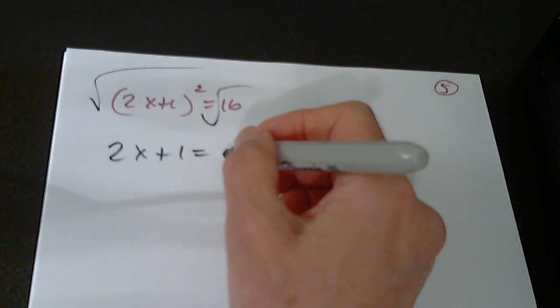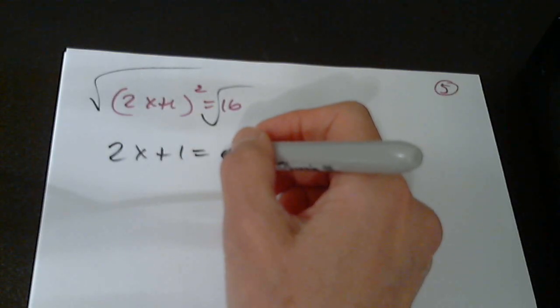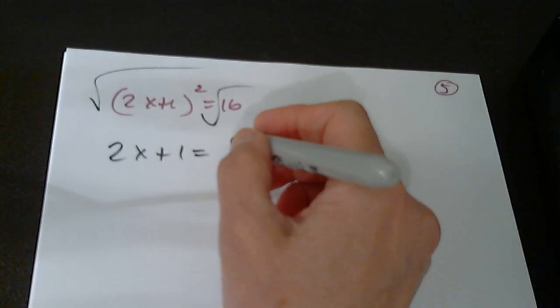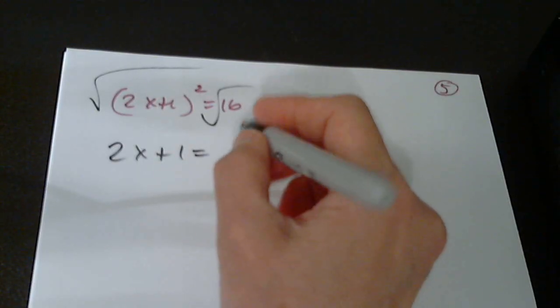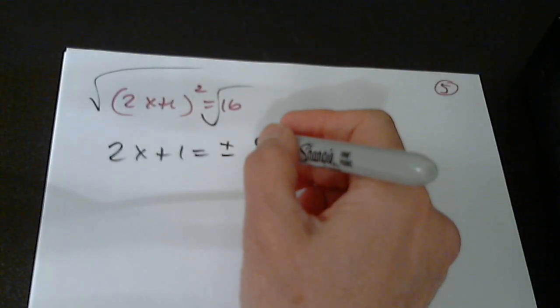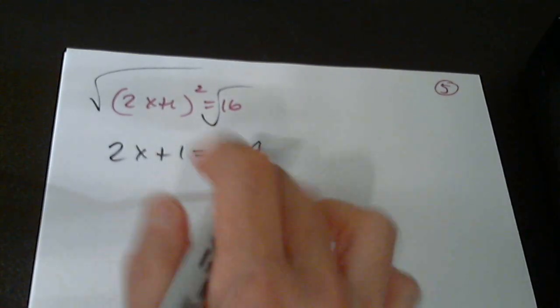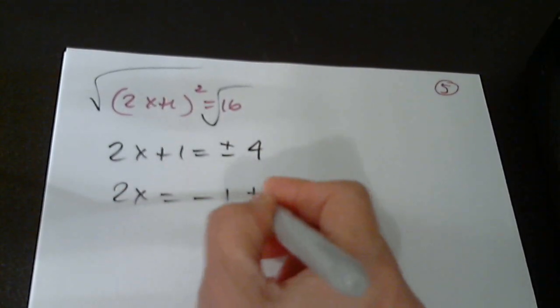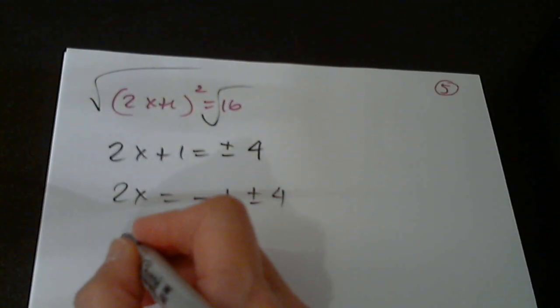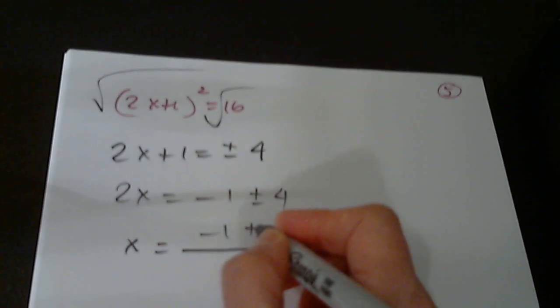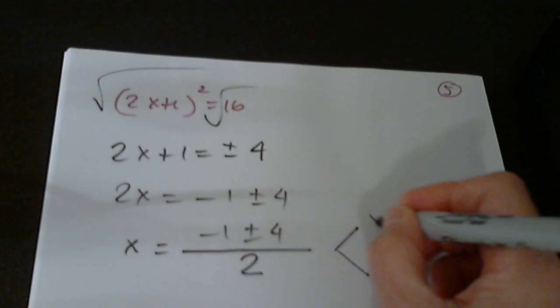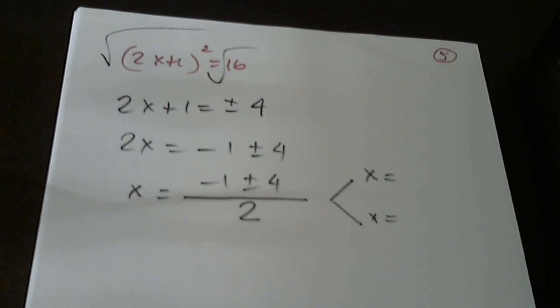Plus minus. Good. How much? 4. Excellent. I have to move 1, and then I have to divide everything by 2. And I have 2 options. Applying the square root is always nice and easy.